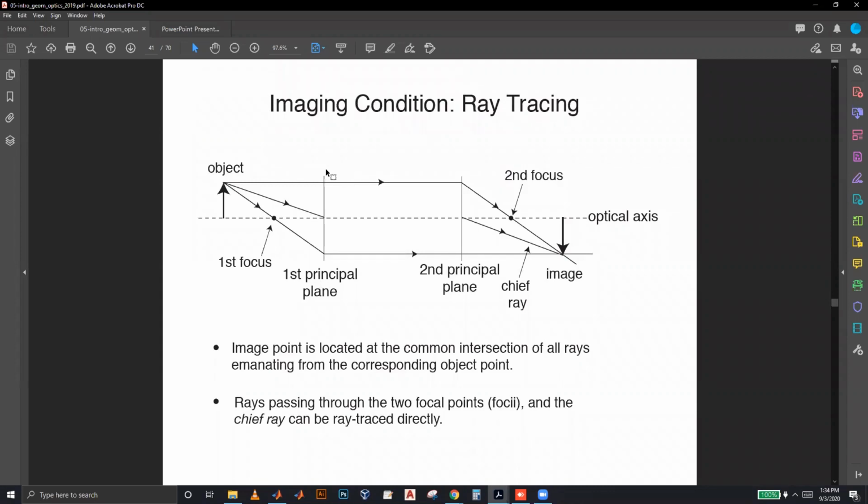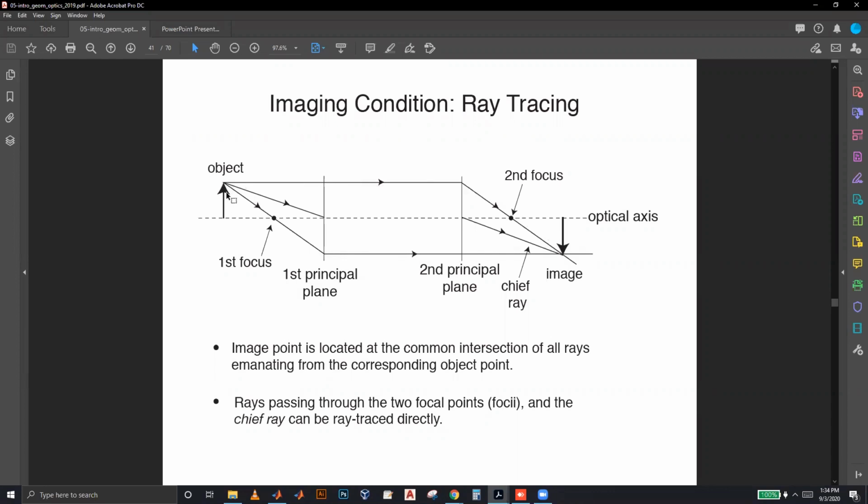All we have to remember is that there is a first principal plane, where the point source rays become parallel, and a second principal plane, where the parallel rays bend. So you just simply trace out the rays from each point of the object.